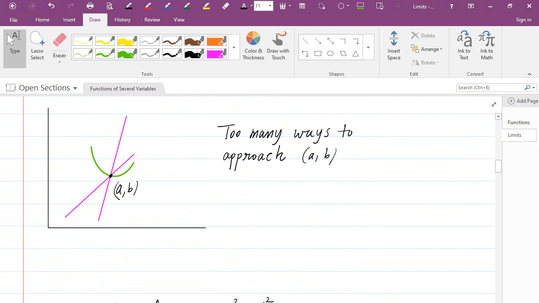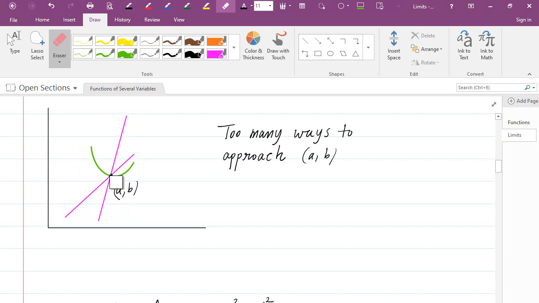Now, if we have a function of two variables and we have a point (a, b), then there are too many ways to approach the point (a, b). We can approach the point along infinitely many different lines. We can also approach (a, b) along curves, which are not straight lines.